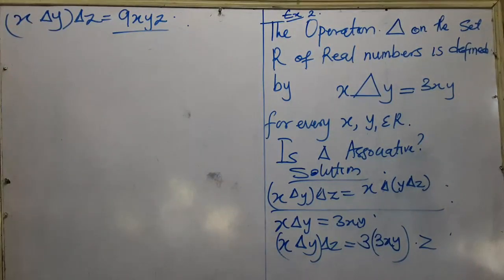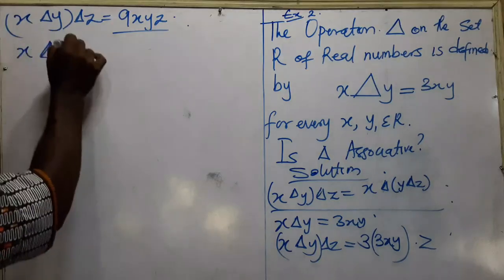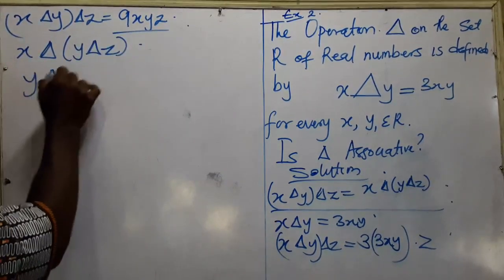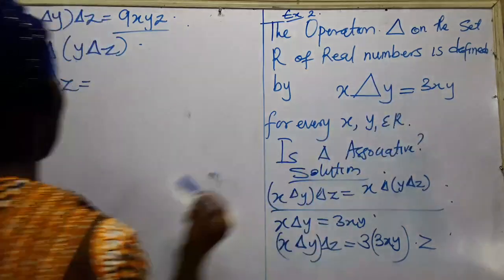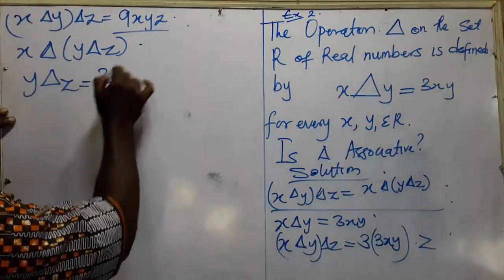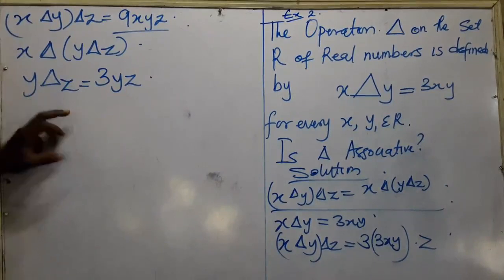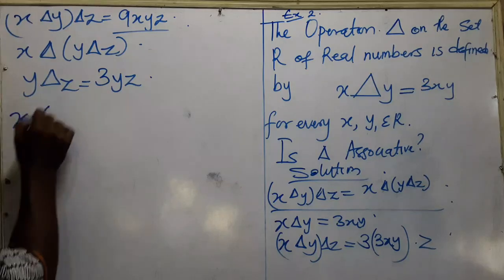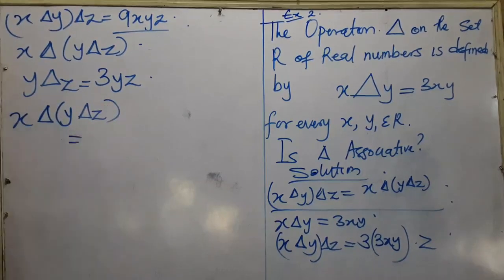Now, we also want to prove x operation y operation z, but the first thing we are going to prove is y operation z. And what is y operation z from the definition? y operation z will be 3yz.